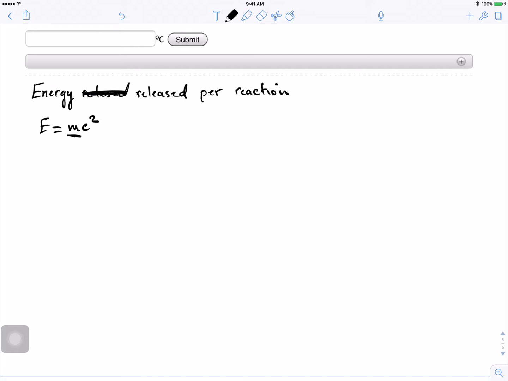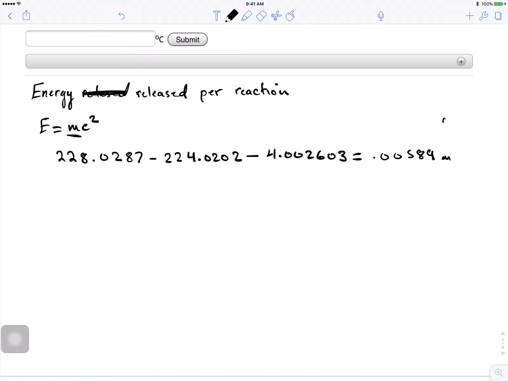The mass we need to find per reaction is 228.0287 minus 224.0202 minus the alpha particle 4.00260. This came up to 0.00589 U, which is the same as grams per mole.